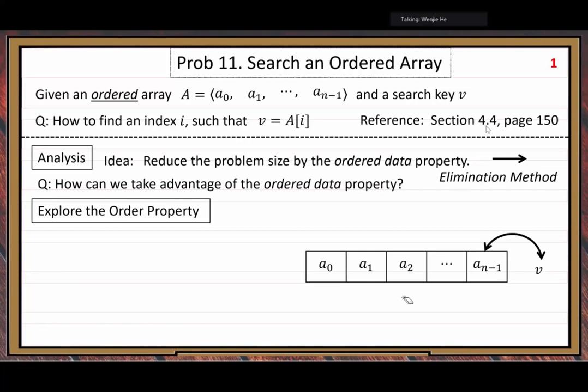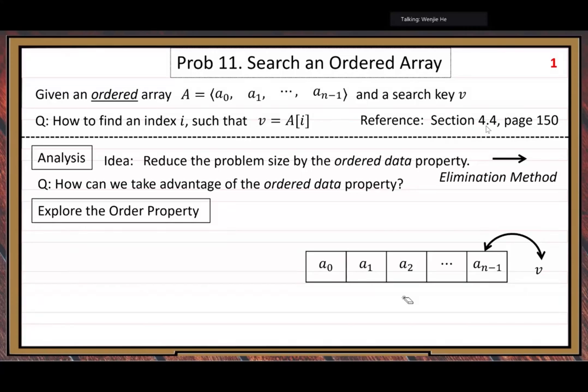All right. Then, when we start our first comparison, we have many options, right? So the given key V. So here, we assume the given key value V should be matched by one of the elements in a given array.